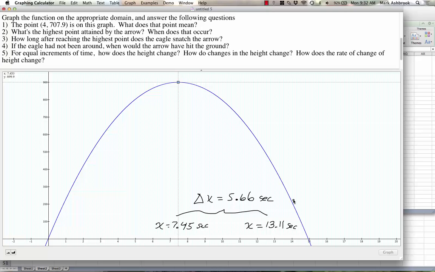Okay, so I added this question 4 in there. So this is number 5. Number 6. Okay, number 4 is a really important question. It goes all the way back to the beginning of this.